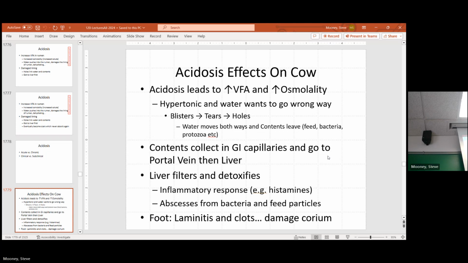Inflame. What happens when the corium inflames? It starts dying off because it's between two hard things, the bone and the hoof. It can't inflame anymore. So you're going to get laminitis, you're going to get clots from dead tissue.